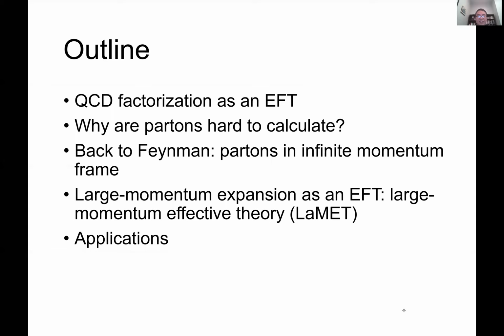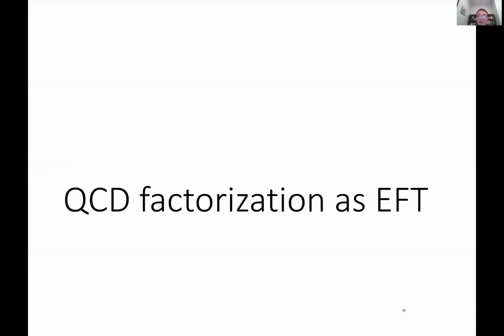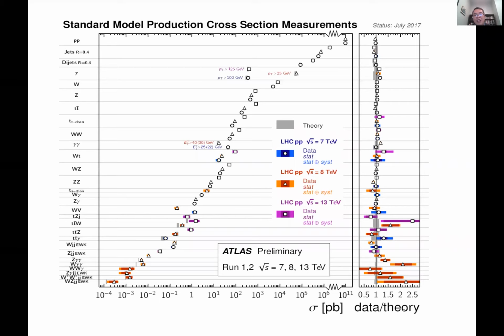So I'm sure many of you have seen this plot. The horizontal axis is the cross section. The vertical axis is the different processes that happen at the LHC. And you can see that the cross section varies by more than 10 orders of magnitude.